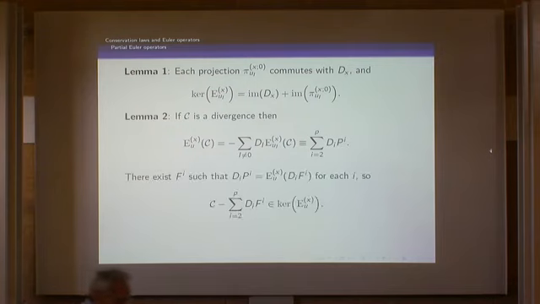The second part of the lemma states that, having worked this out, there exist functions f such that my di, pi for each i, no sum here, can be expressed as EUX of di fi for some functions fi. Those are good.